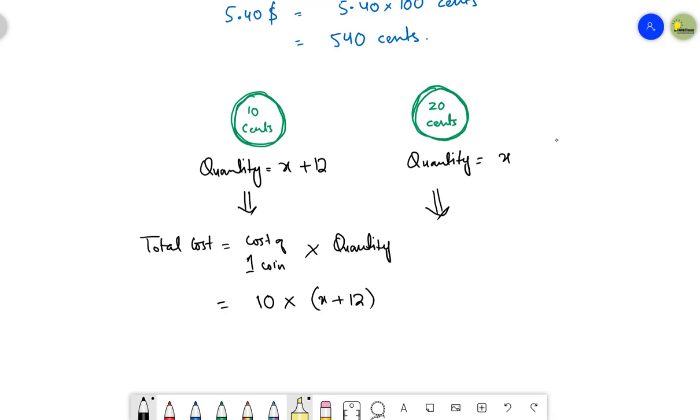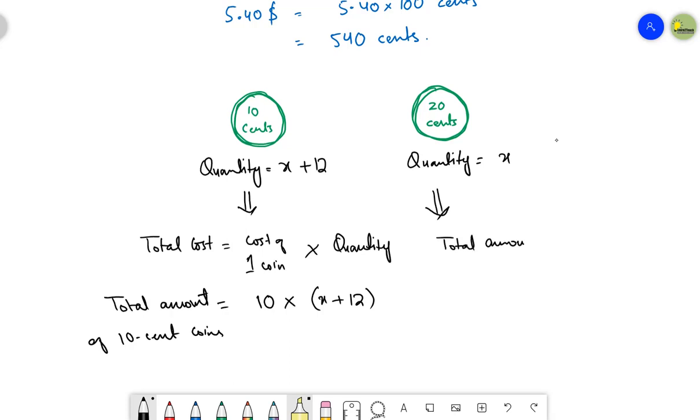So I have the total cost of the 10-cent coins.